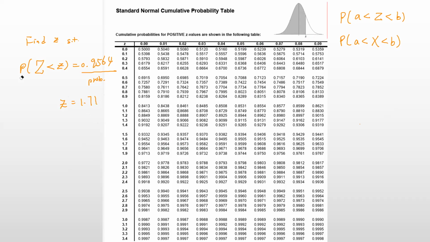Let's do another problem. So what about the probability of Z greater than little z equals some, I don't know, 0.0274, something like that.